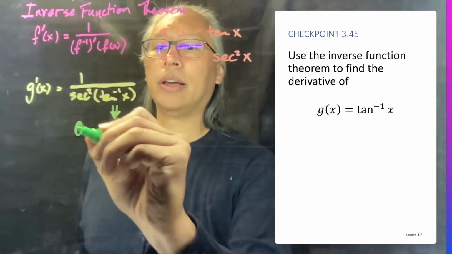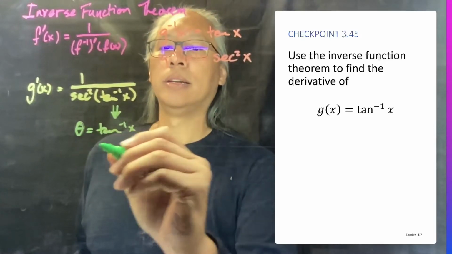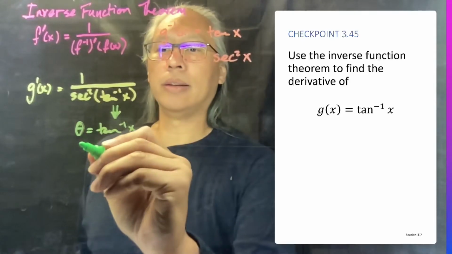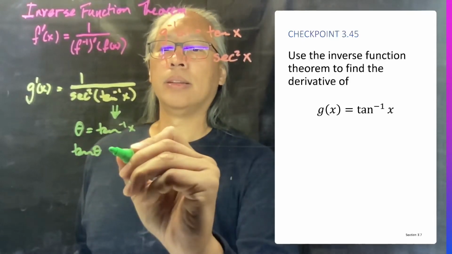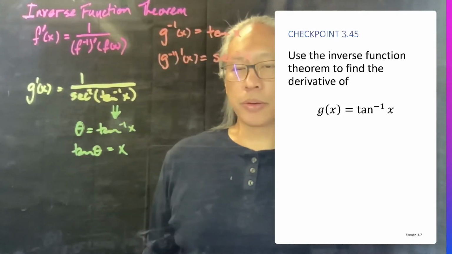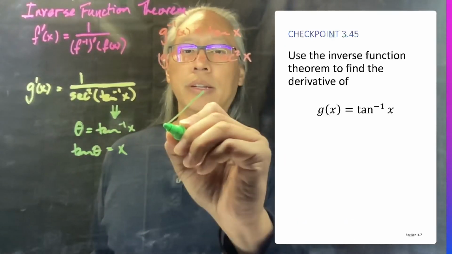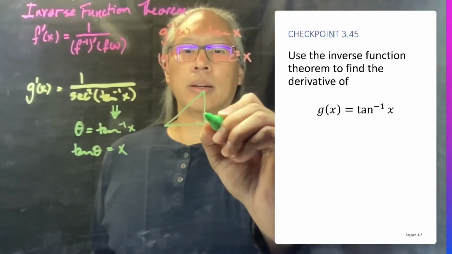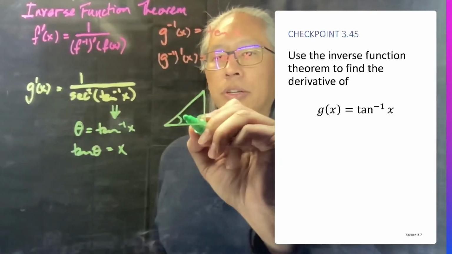So if we let theta equal the tan inverse of x, then we can say that tan theta is equal to x. And from here we can create a triangle. And by a triangle, I mean a right triangle, so we can do our trigonometry.